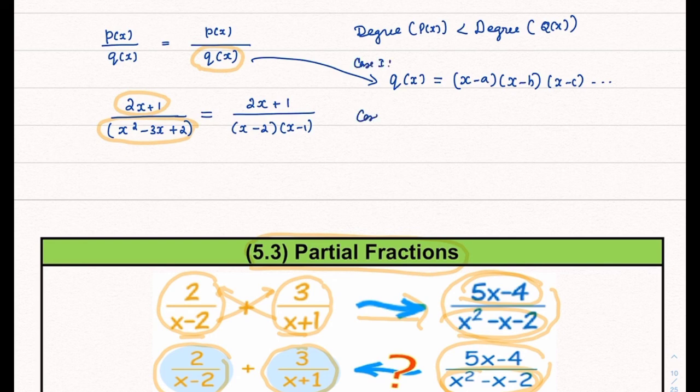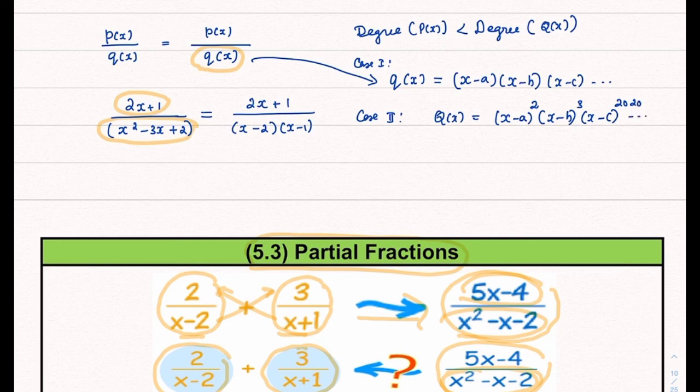Case number two is, broadly speaking, q of x has factors with multiplicity. What do I mean by that? The x minus k is not a simple factor. You may have x minus a squared, or you may have x minus b cubed. You may have x minus c to the 2020, something like that.